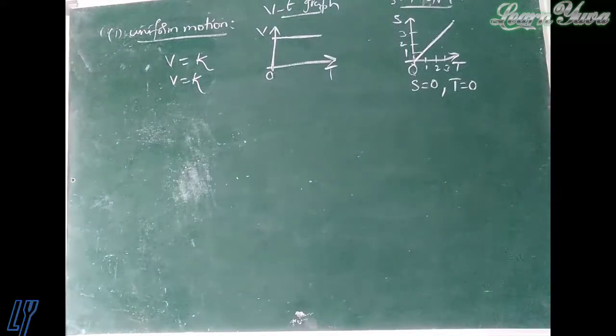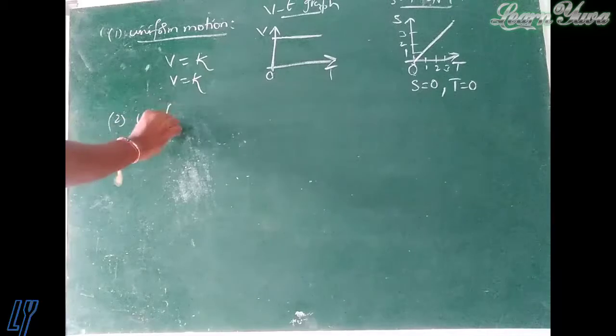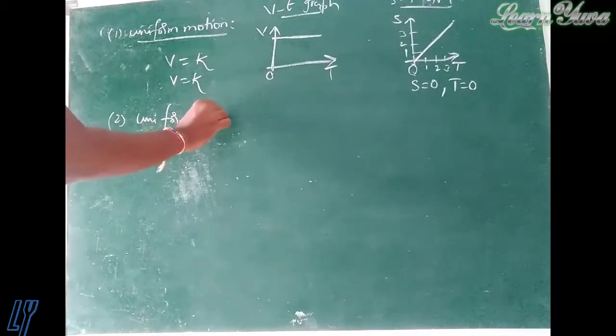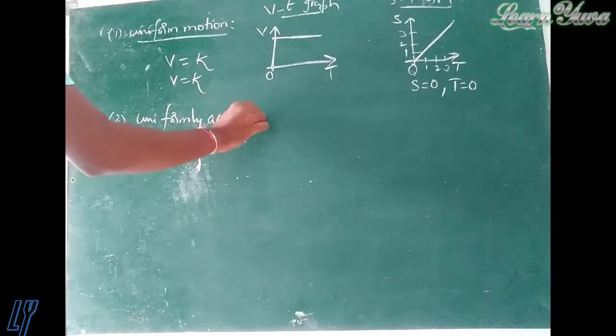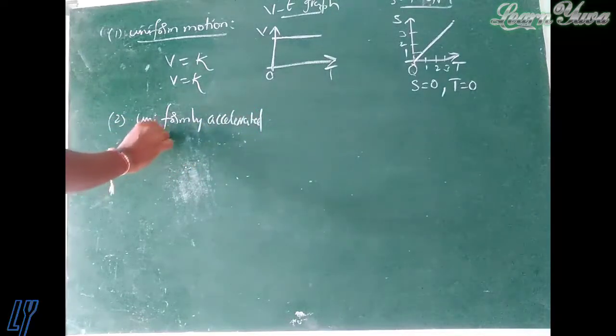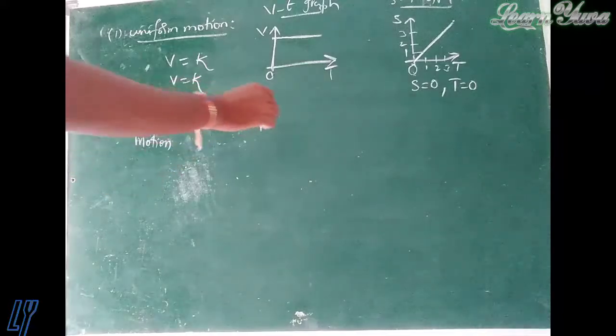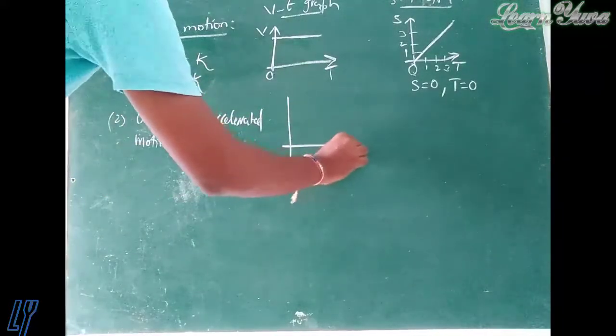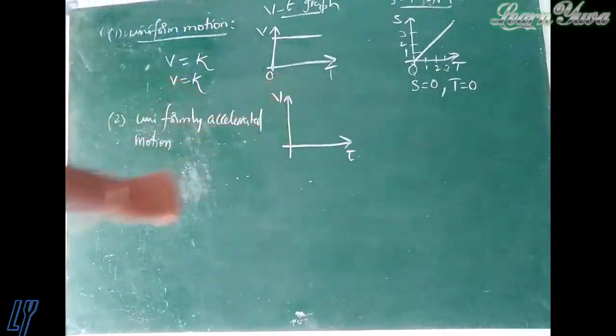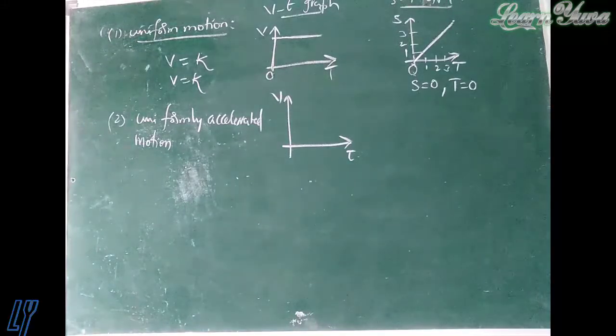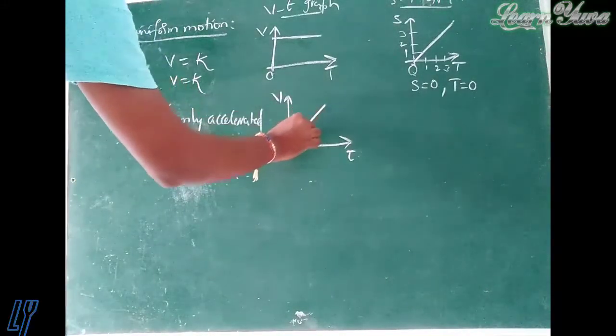Second case, uniformly accelerated motion. Here u is equal to 0. Let's check the velocity-time graph, with t and v.